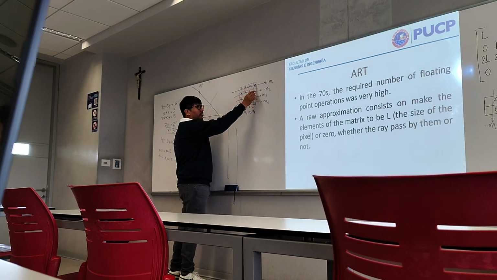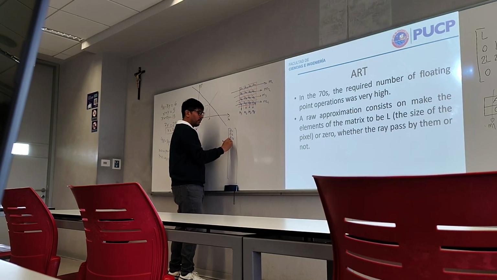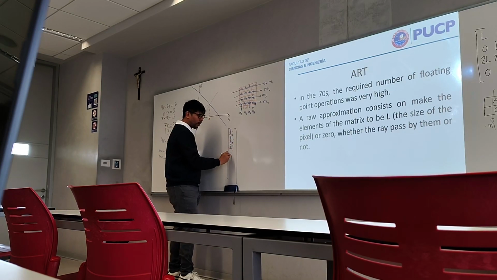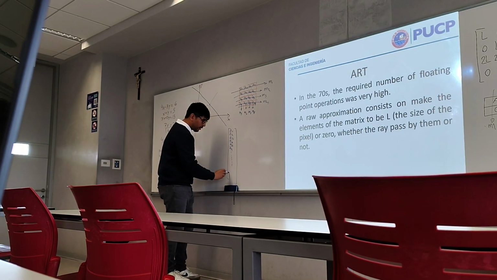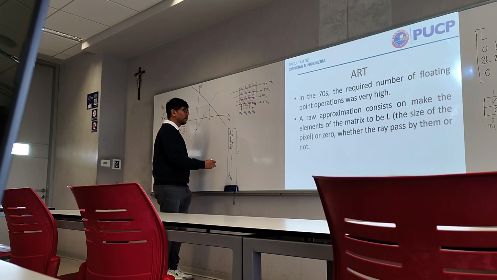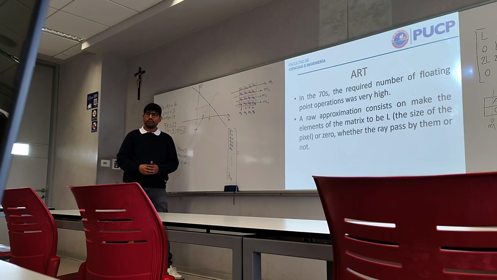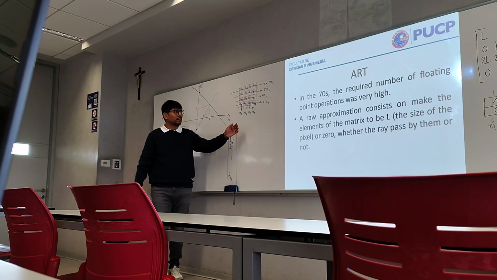Okay, so let's write it row by row. So the first one will be A11, A12, A13, A14, A21, A22. Okay, I will just put it like this until we reach the last one. And how many equations we have in this case?